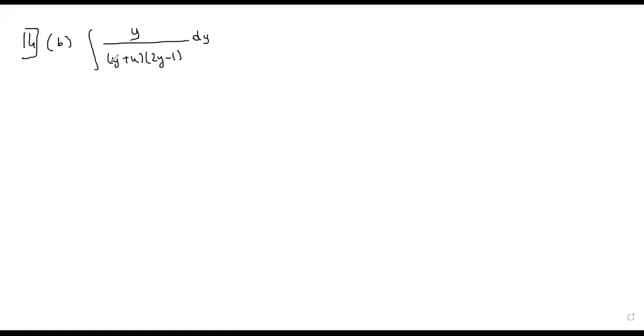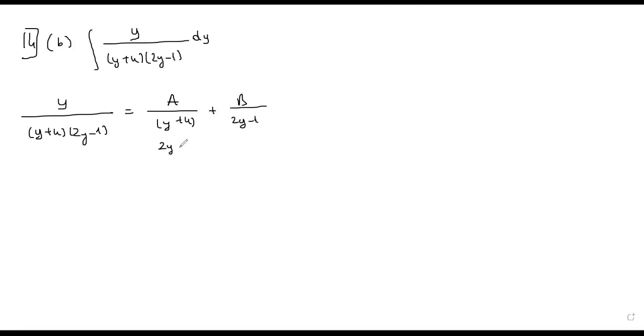Using that table, we know this should be equal to a over y plus 4 plus b over 2y minus 1, right?